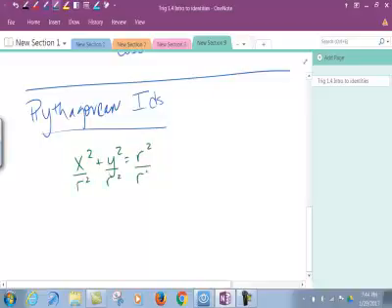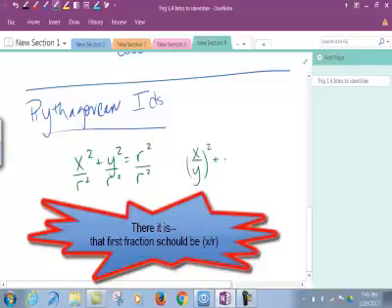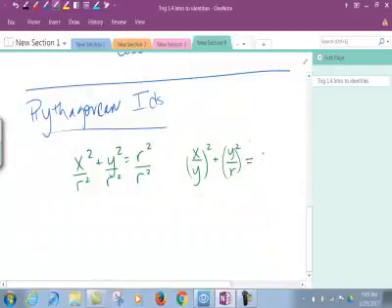So I'm going to divide all 3 terms by r squared, and then rewrite it, distributing the power when we're dividing, from our chapter on exponents. r squared over r squared is 1. And x over r is just the cosine of theta, squared, and y over r is the sine of theta, squared, equal to 1.